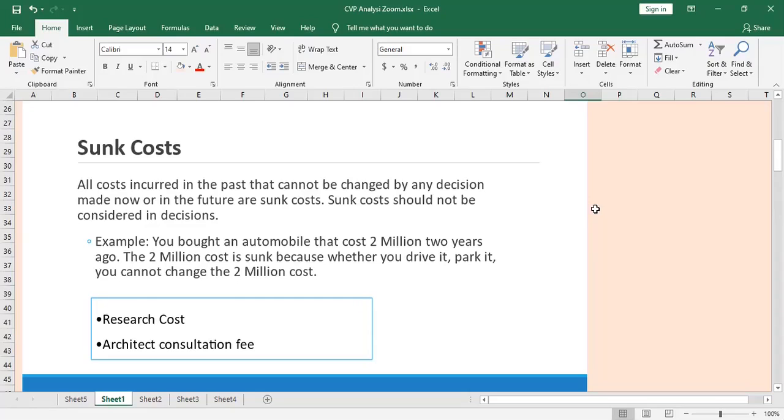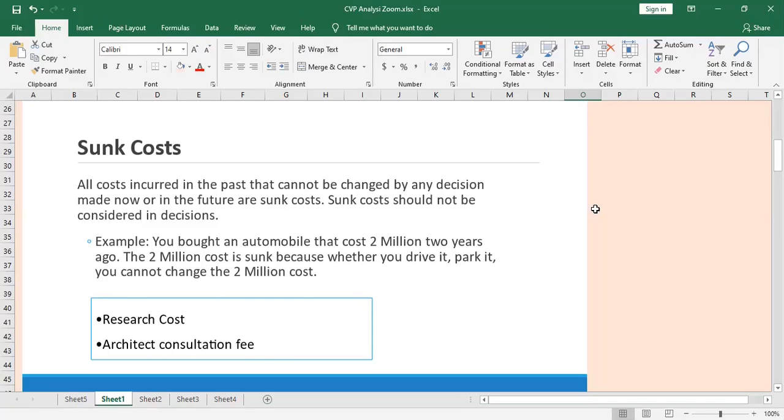We cannot integrate that amount of money into the prices of the products that we are selling, right? So therefore those costs we normally label as sunk cost, which we normally think are irrelevant when we are making decisions.